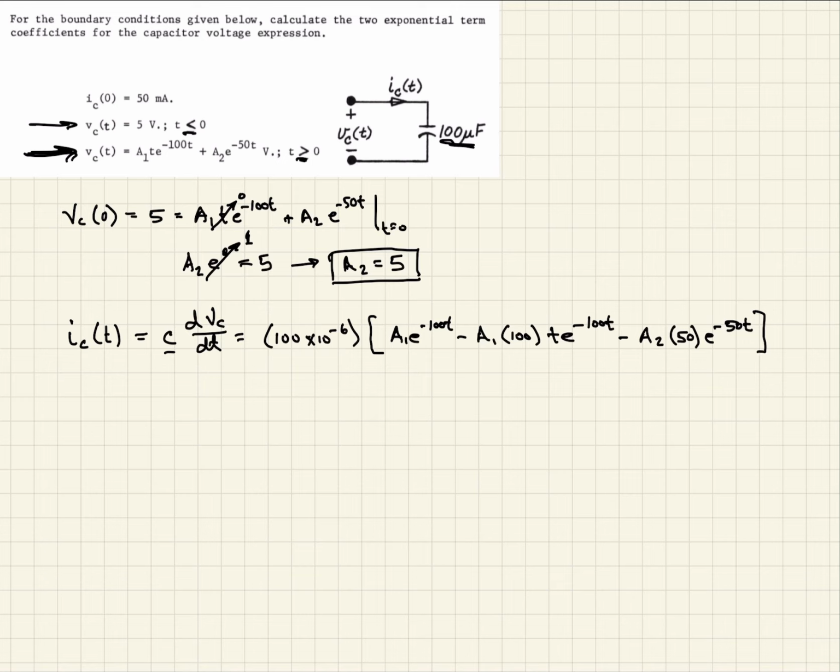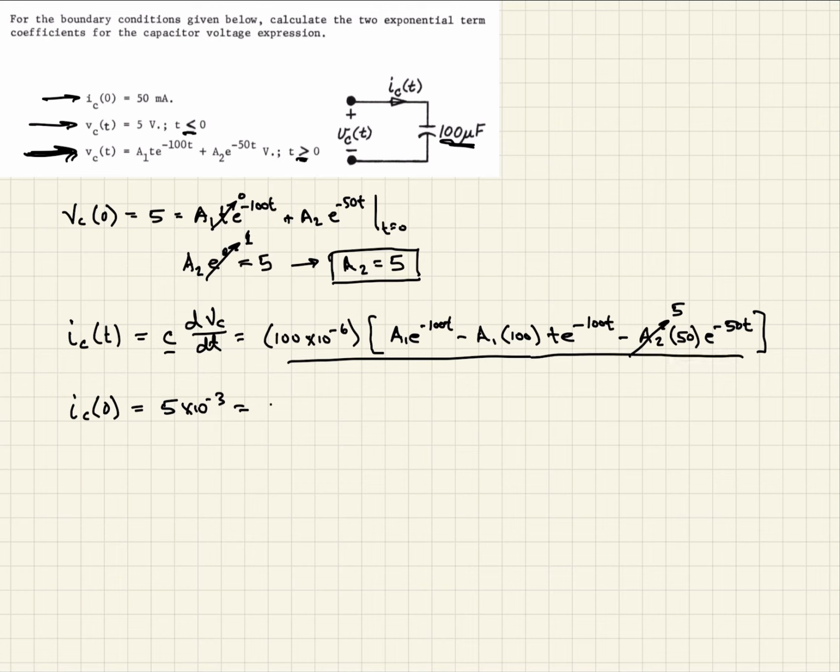Okay, but we already know A2 is equal to 5. So we can rewrite and rearrange some things here. And we know that IC of 0 at 0 is this point right here, and they gave us that as 5 times 10 to the minus 3. So that's going to be equal to this guy as we combine terms.